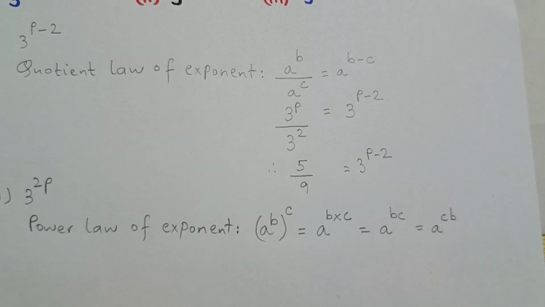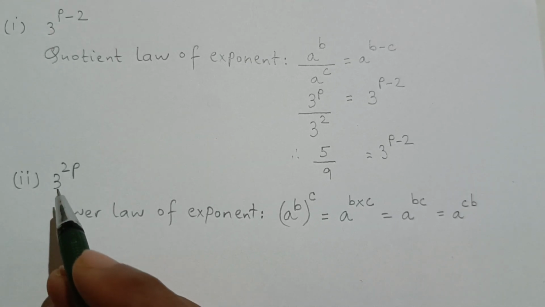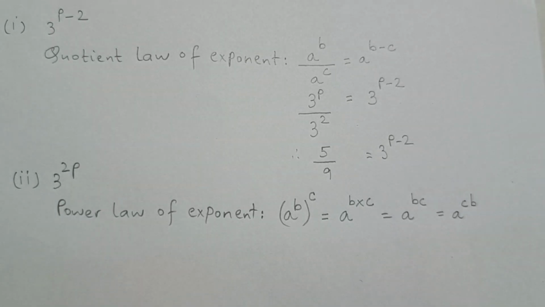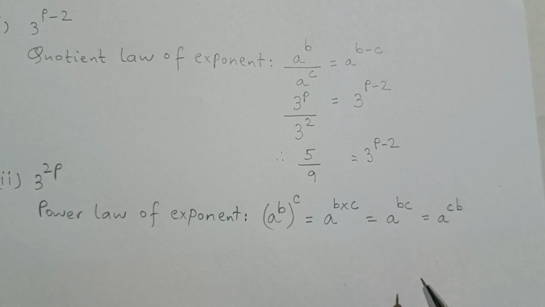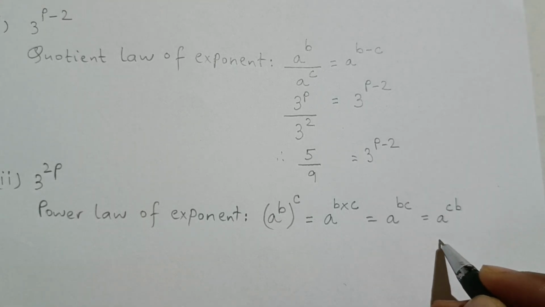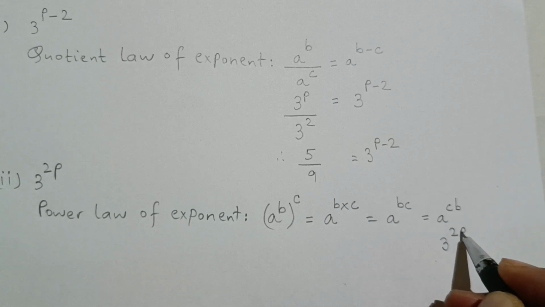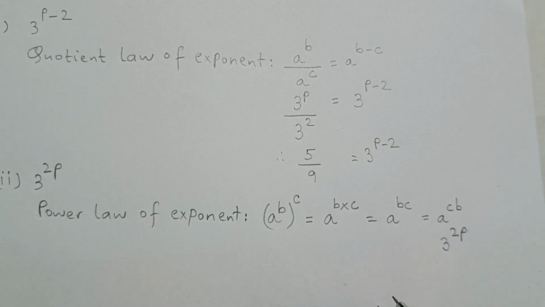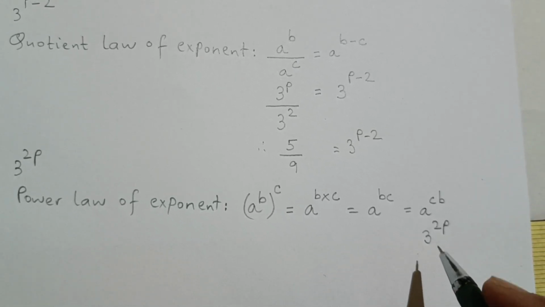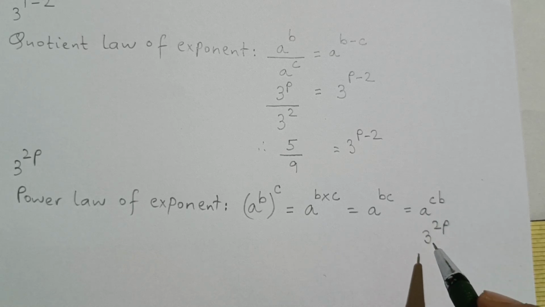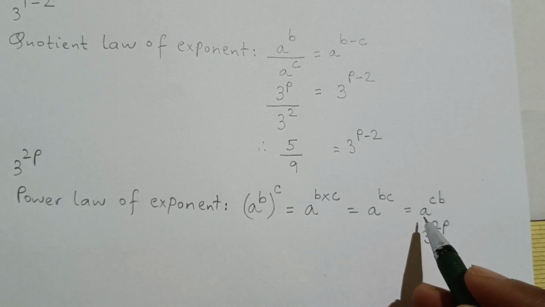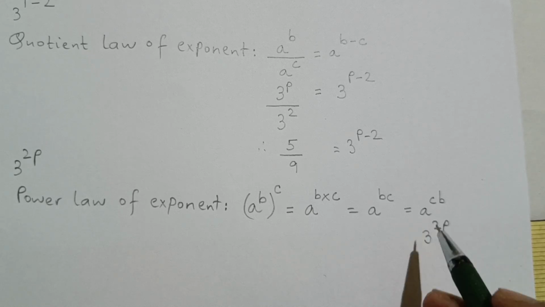Okay. Now we have 3 to the power 2p. So if I compare a to the power cb with 3 to the power 2p, a is 3, the base a is 3, and cb is 2p.